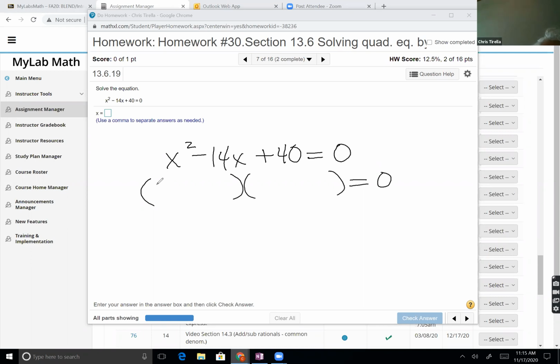To get x squared, my only choices are x times x. If they multiply to a positive, in order for the product to be positive, should my signs be the same or different? Same. Okay, so here they'll both be negatives. And now I'm going to look at 40. What are numbers that multiply to 40 that might give me 14?